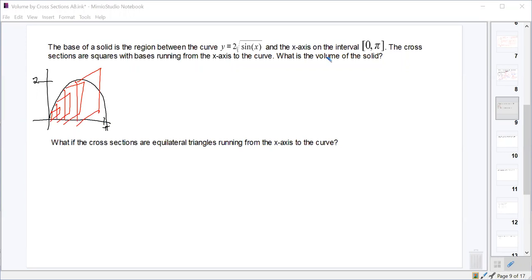So what we want to do then is find, first off, what is the thickness of one of these squares?